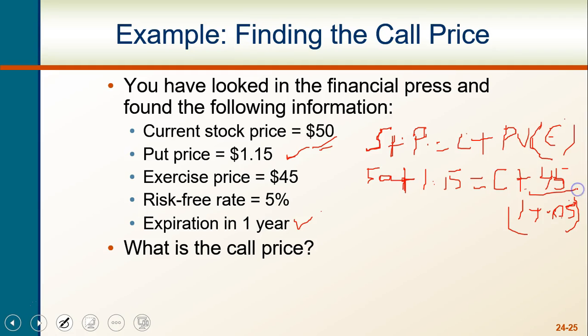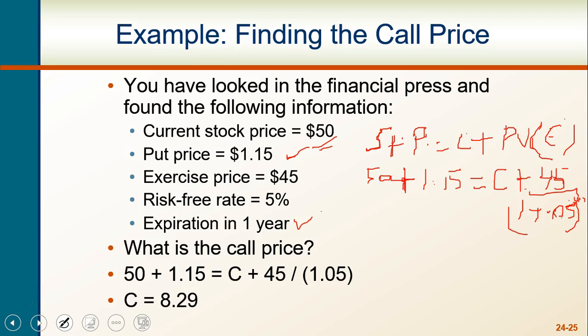So I believe all of us can solve this to find out the value of the call option. 50 plus 1.15 is equal to C plus the present value of $45. If you solve it, your result is going to be $8.29 as the call price. So that is fairly simple.